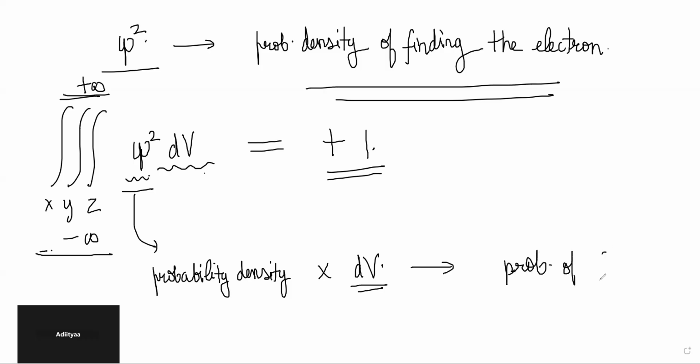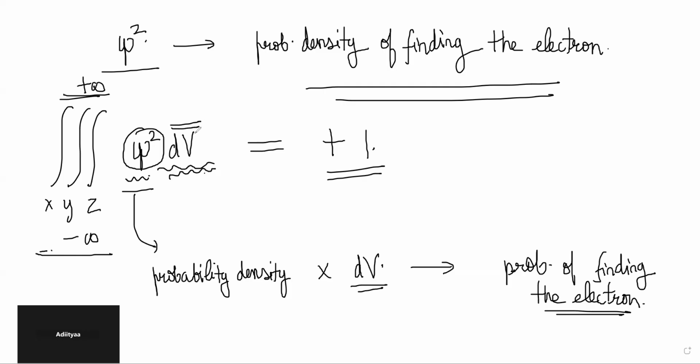Probability of finding the electron, not the density. Do you understand what I'm saying? Psi square basically denotes probability density of finding an electron in a particular region of space, so you have to multiply it with dV, basically the region of space, to get just the probability, right?